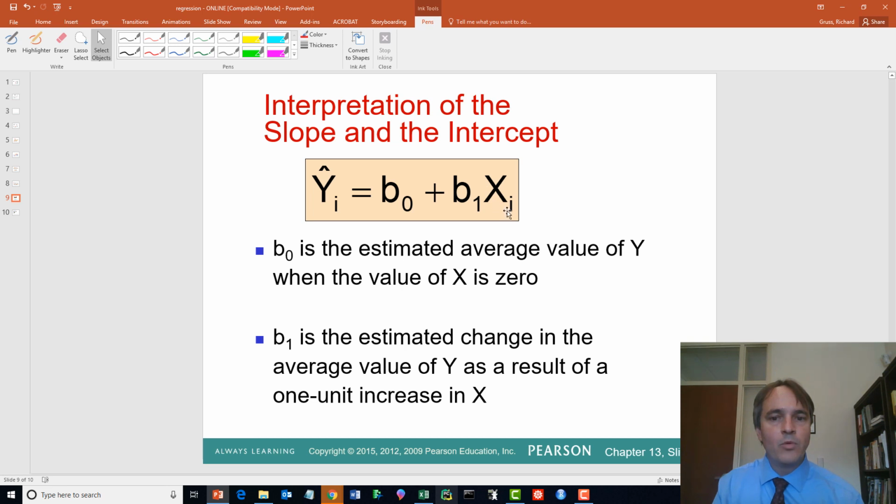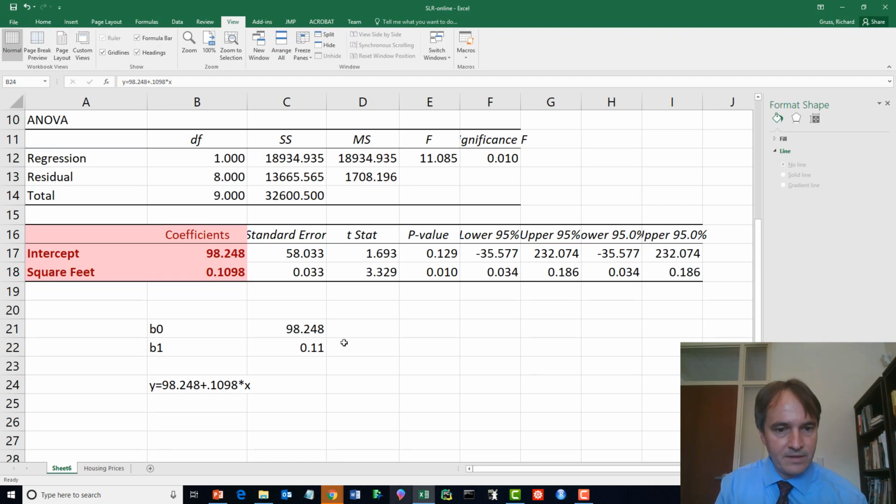So as x goes up 1, this beta 1 describes its effect on y. In our example, for every additional 1 square foot, this beta 1 is the change in price in thousands.